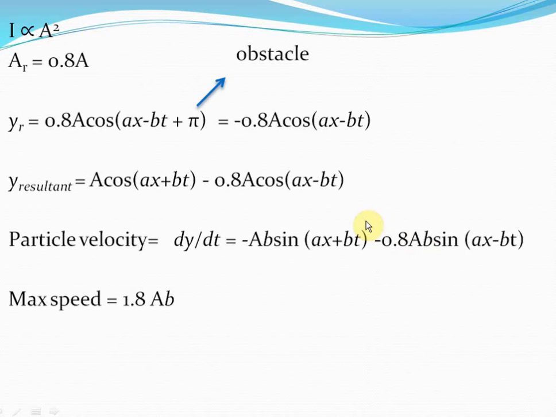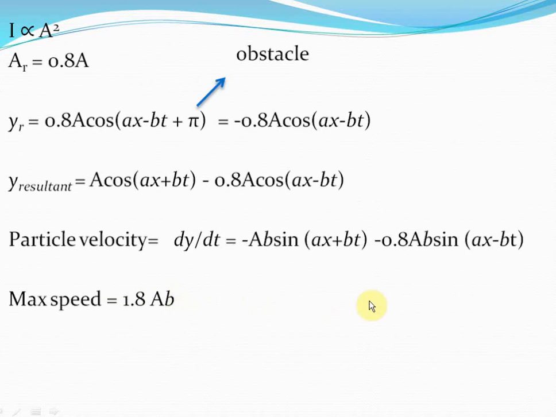That is, the maximum speed of the particle will be 1.8AB. This will also be the speed when this sine function and this sine function both become minus 1, because in that case the speed will be plus AB plus 0.8AB equal to 1.8AB. So the maximum speed of any particle in the resultant wave will be 1.8AB.